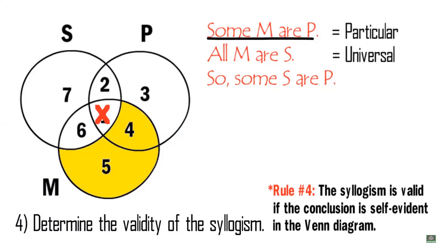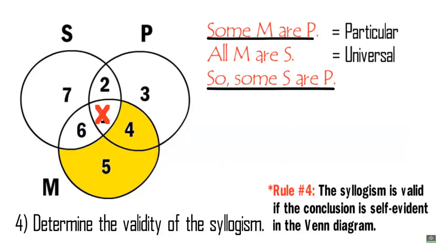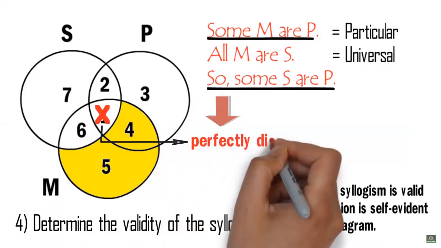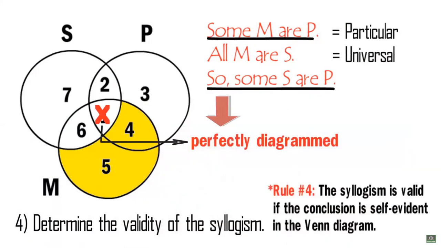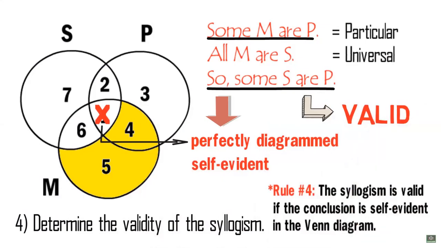Now, the conclusion of the syllogism says, some S are P. And if we look at the Venn diagram, there is an X on area 1, which indicates that there is at least one member of S that is a member of P. Hence, the conclusion, some S are P, is perfectly diagrammed in the Venn diagram. Indeed, the conclusion is self-evident, therefore, the syllogism is valid.